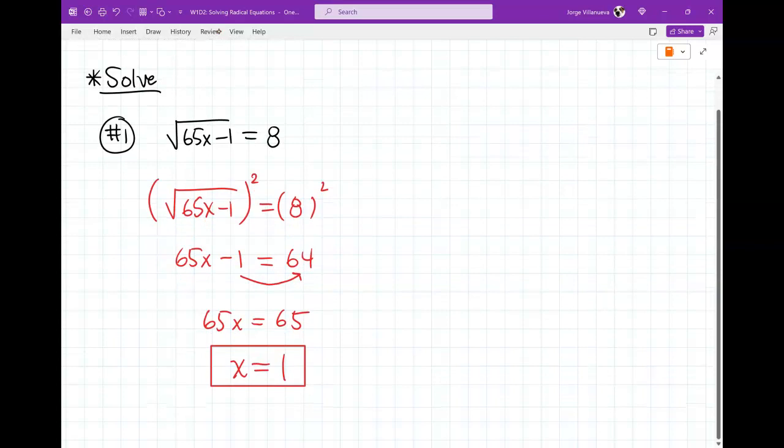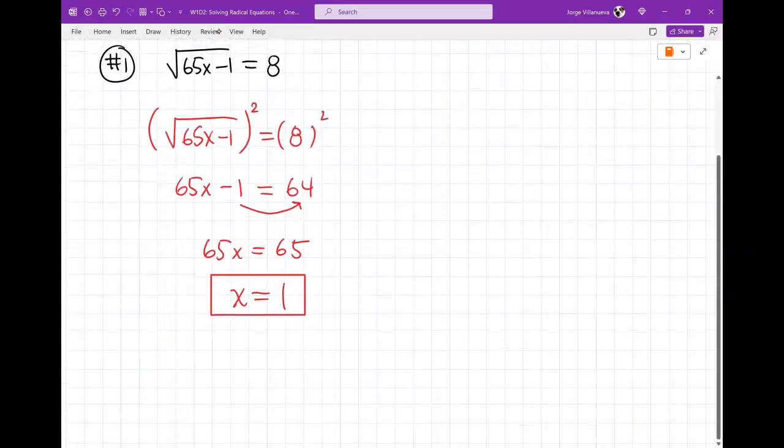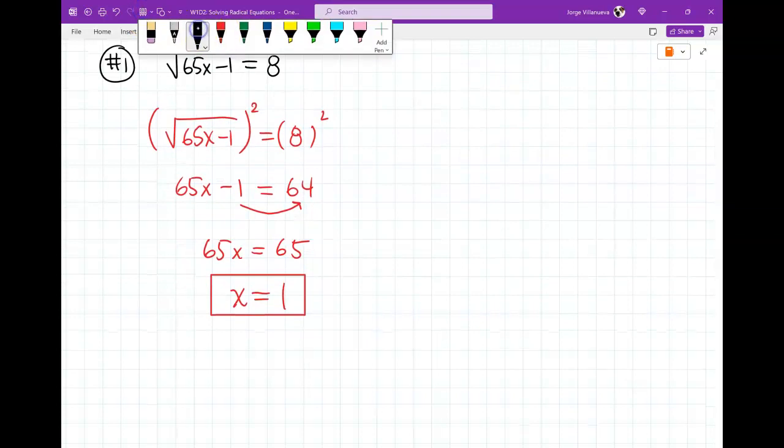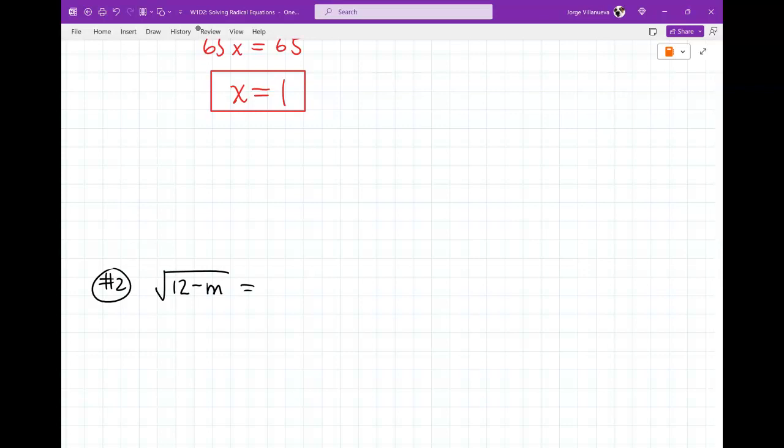So another problem that's considered easy would be something like this next one right here. So let me just change the ink on that pen. So it's going to be the square root of 12 minus m equal to the square root of 6m minus 2. This one would also be considered on the easier side.